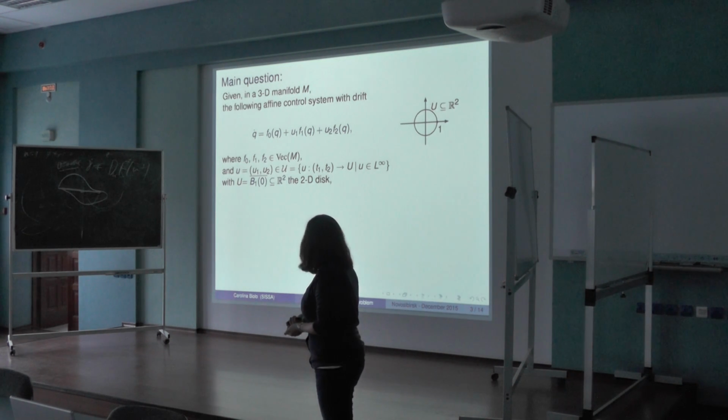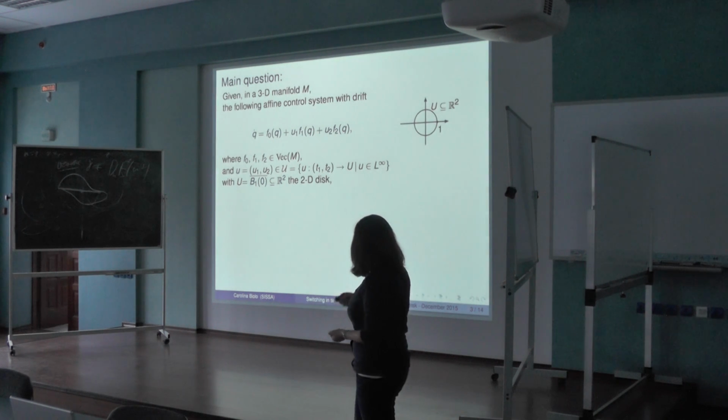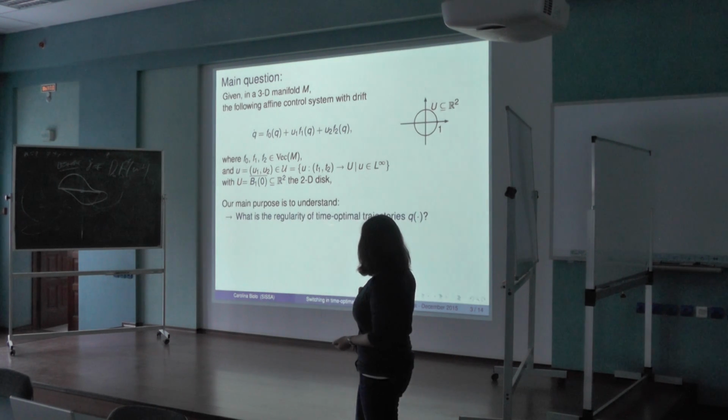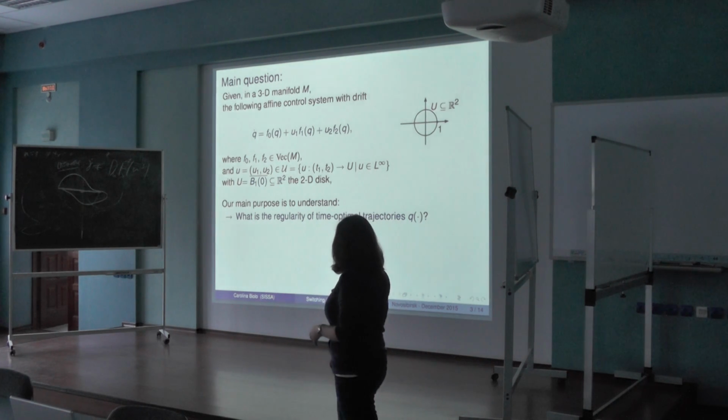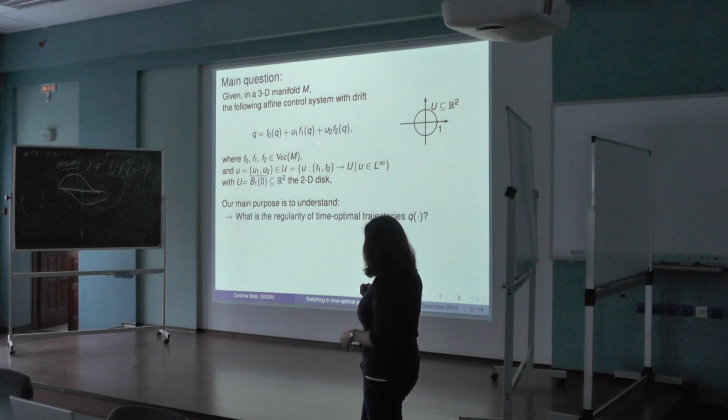And what do we want to study? We want to study the regularity of time-optimal trajectories. From the definition of the system, it is sufficient to study the regularity of optimal controls.